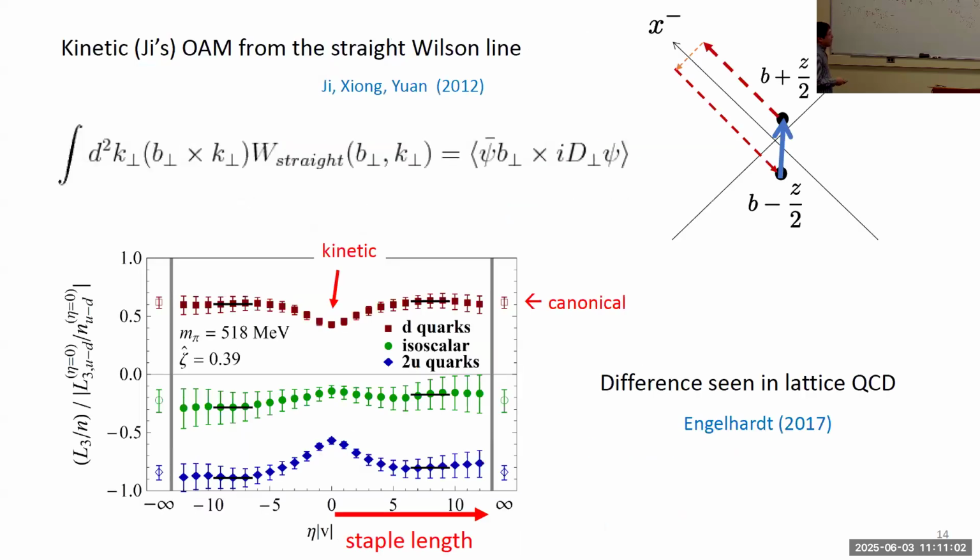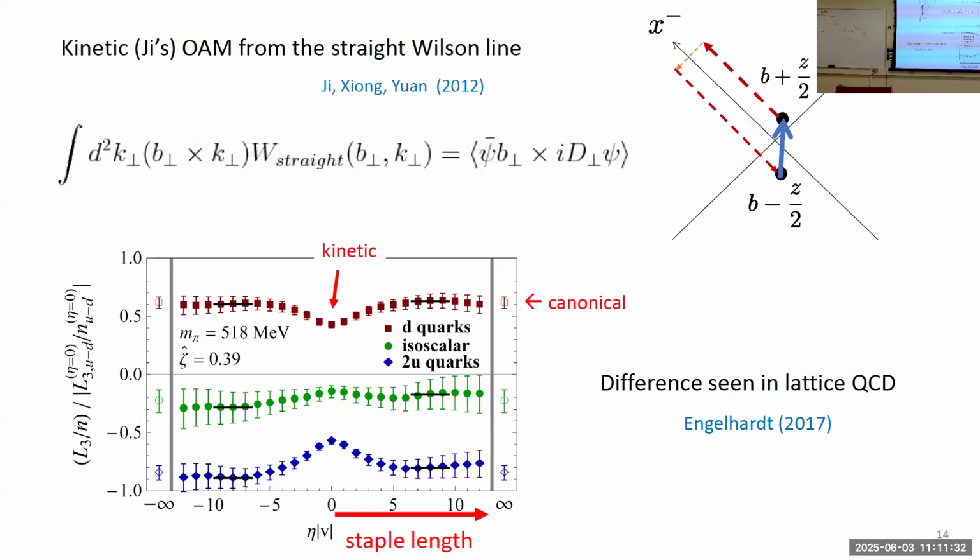All right, so you might be wondering what would be the quantitative difference between the canonical OAM and kinetic OAM. So there are two different things, and you can explain the difference in terms of the Wigner distribution again. Previously, I took a roundabout route going from here to there. I took this staple-shaped Wilson line, so going to infinity and coming back. And that defines a canonical orbital angular momentum.